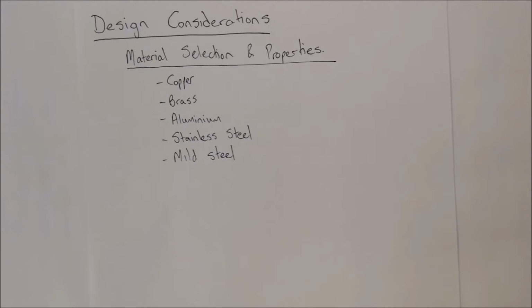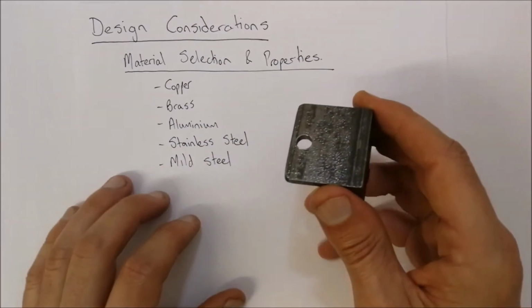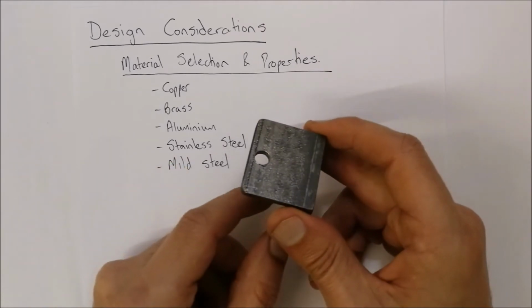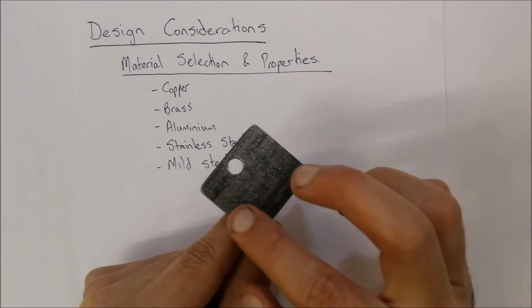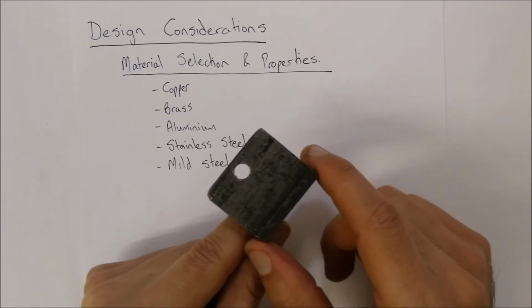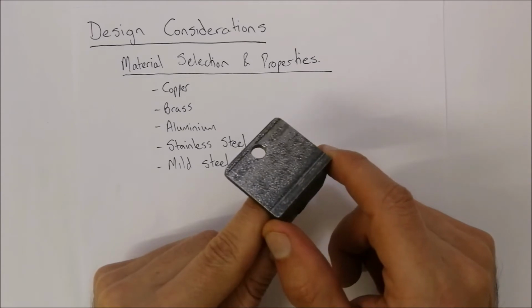And then finally we've got mild steel. So mild steel is a common material used to make things. Over here I've actually cleaned off this piece of metal to give you an idea of what the mild steel looks like.